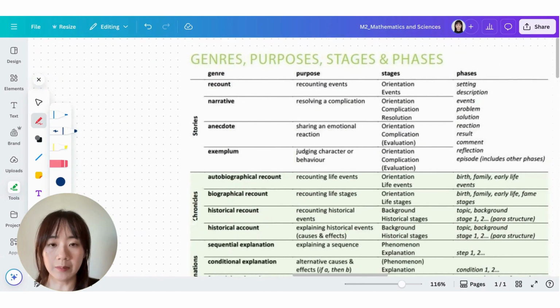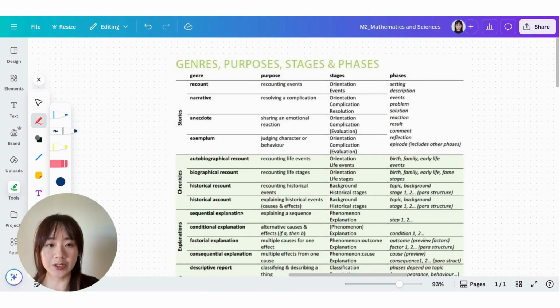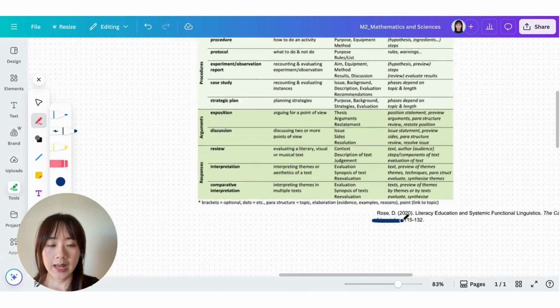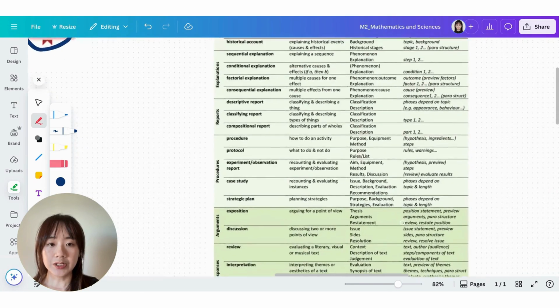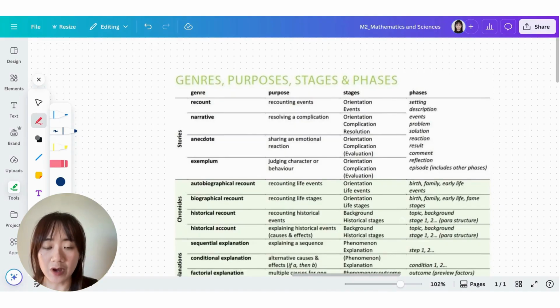And now, I would like to introduce you to this genre purposes, stages, and phases chart developed by Rose. This chart shows different types of genres.